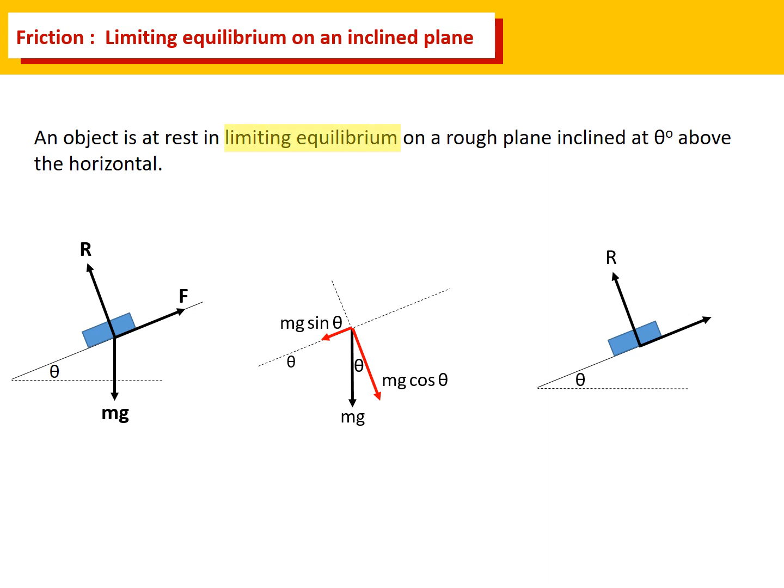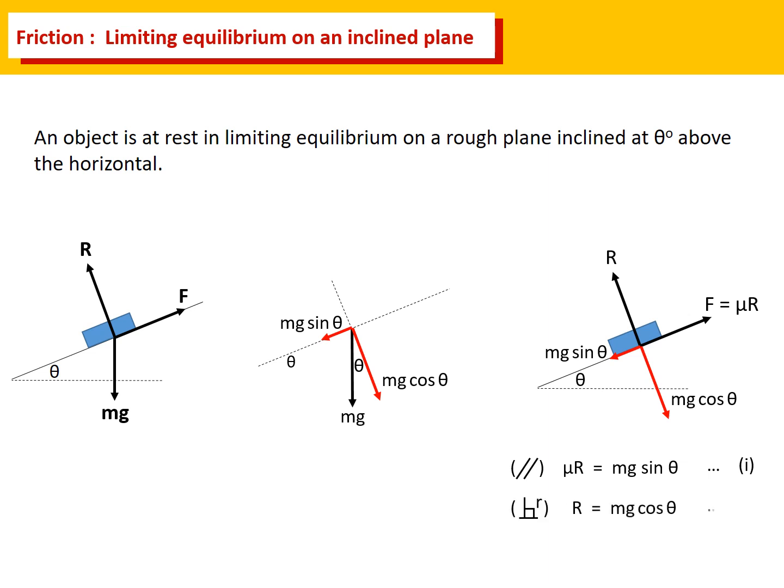It's in limiting equilibrium, so friction would be at its maximum, which would be mu R. And so those would be the forces acting on the object parallel and perpendicular to the incline. Parallel, we'd have mu R equals mg sin theta because we have equilibrium, and perpendicular R would equal mg cos theta.